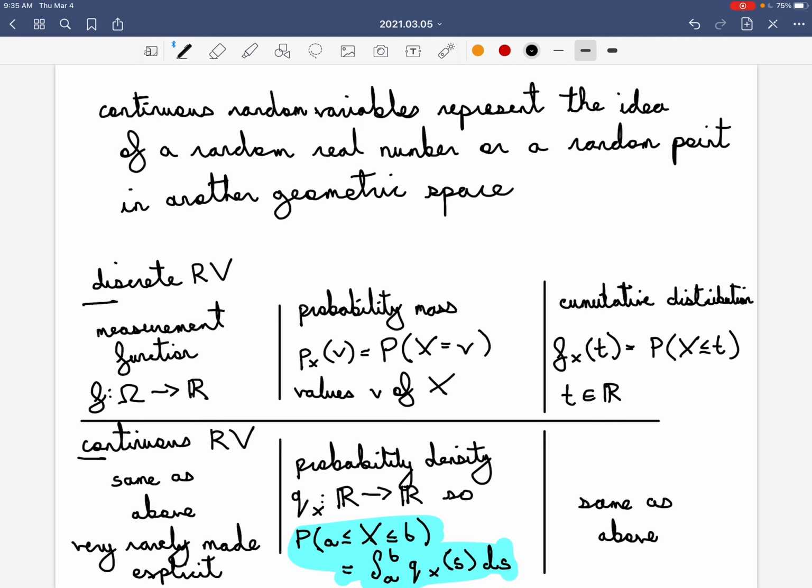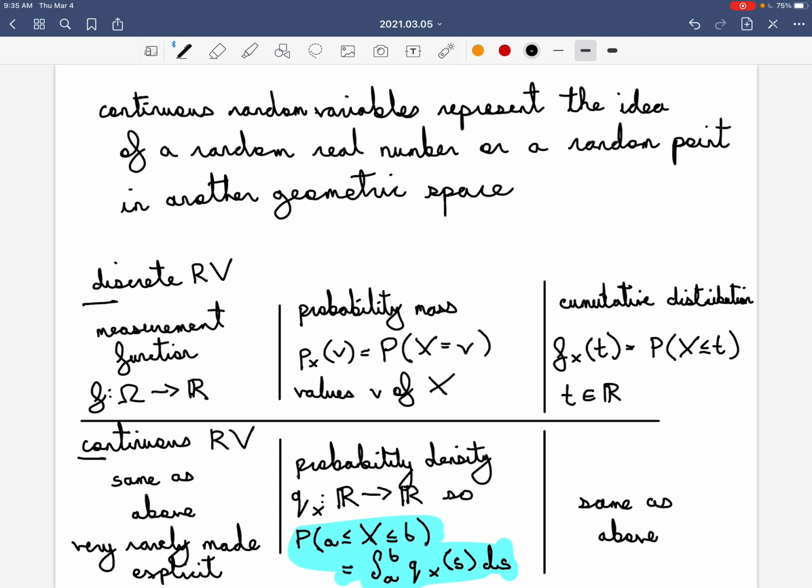If you think about the way this works, we have some function q of x, which is always greater than or equal to 0, and the integral from minus infinity to infinity is 1. So what happens if I plug in a equal to something really negative, close to minus infinity, and b some huge positive number close to infinity?